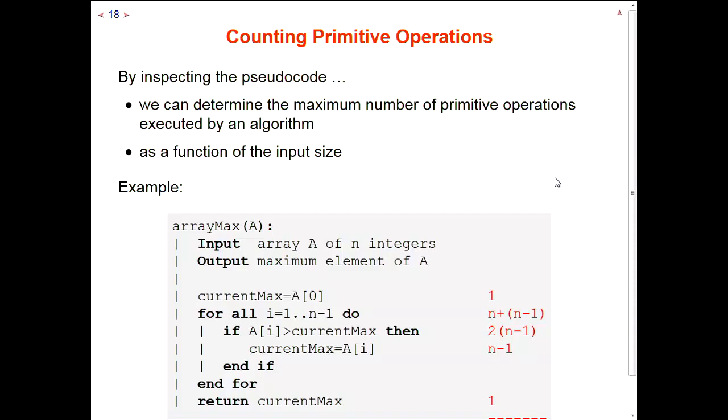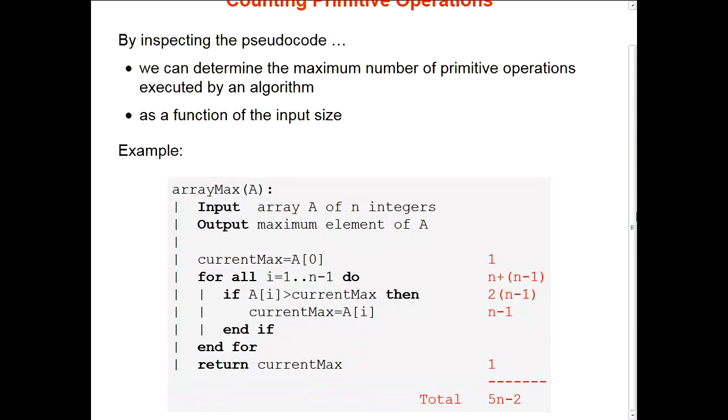Sometimes we have to go into an if statement, and for other input we don't. So what one typically does, in view of determining the runtime behavior in the worst case, is to determine the maximum number of primitive operations. And one also does this as a function of the input size, so that we get a more general result, and not only one for, suppose, an input that consists of exactly 10 integers.